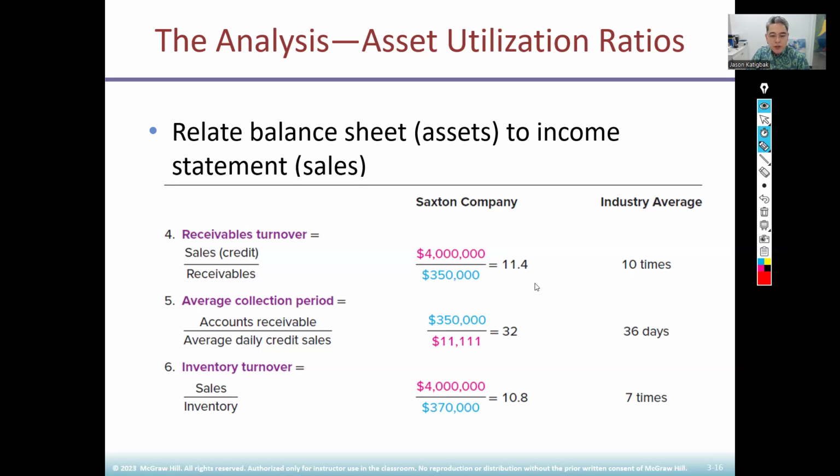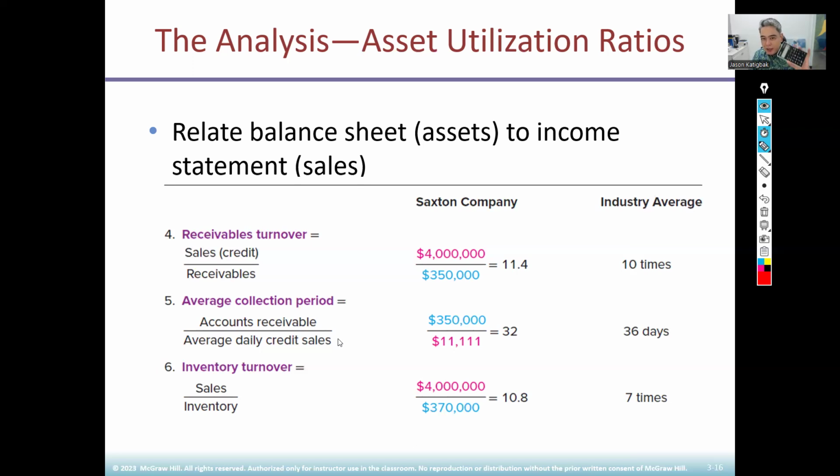receivables. So when you think about it, receivables, which is 350,000, divided by the average daily credit sales. So what is average daily credit sales? Let me just make sure I have that right. Okay, kindly hold, guys. I use a calculator.